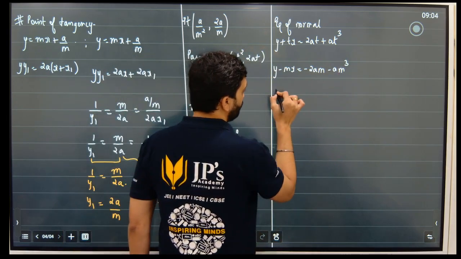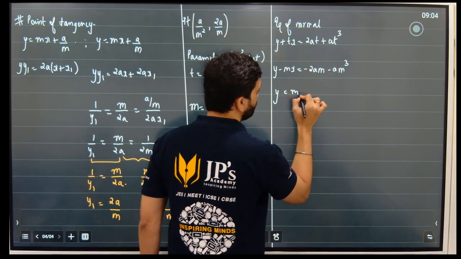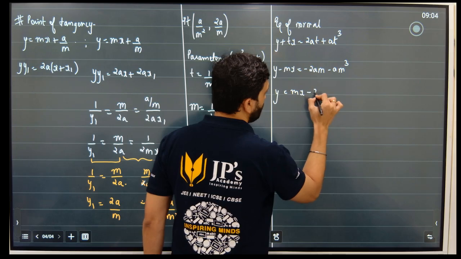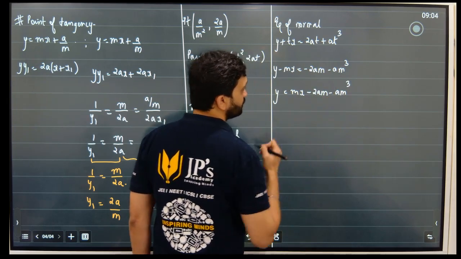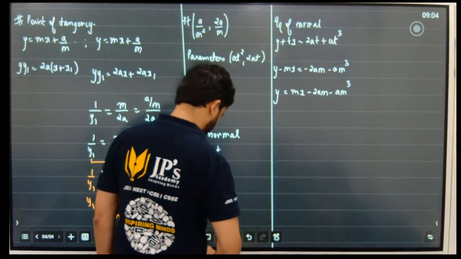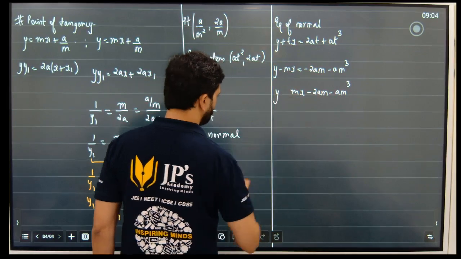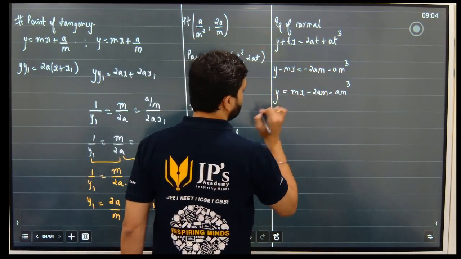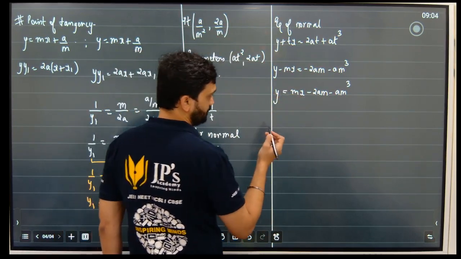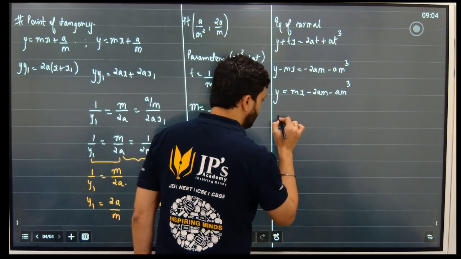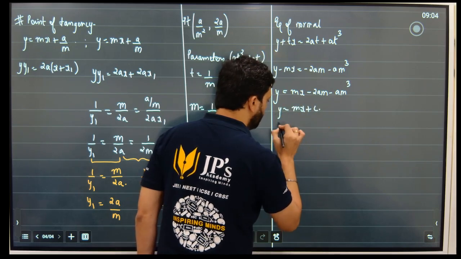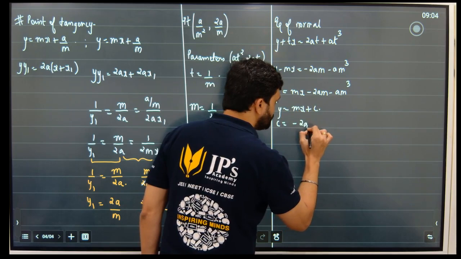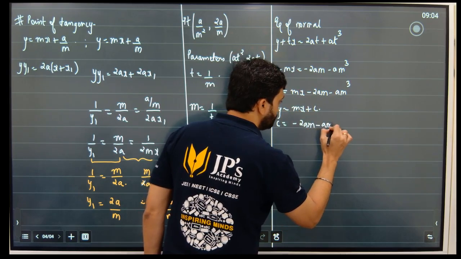Therefore when the slope is given it becomes y is equal to mx minus 2am minus am cube, and remember this, my intercept, where it cuts the y-axis. If I compare with y is equal to mx plus c for a normal, my c becomes minus 2am minus am cube.